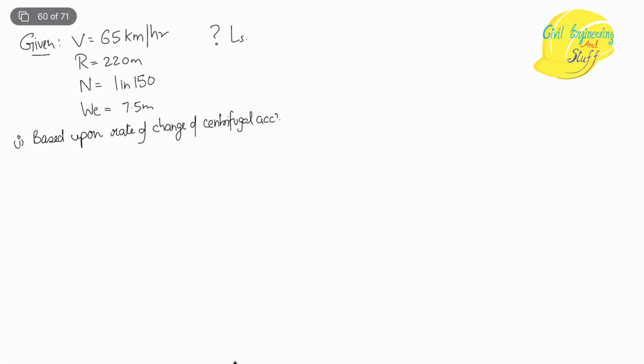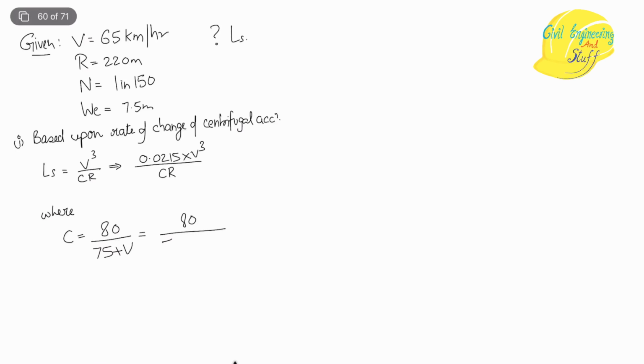The formula for that is length of the curve equals V cube divided by CR, and if the velocity is given in kilometers per hour, then this formula becomes 0.0215 into V cube divided by CR, where C is 80 divided by (75 plus V), that is 80 divided by 140, V being 65.